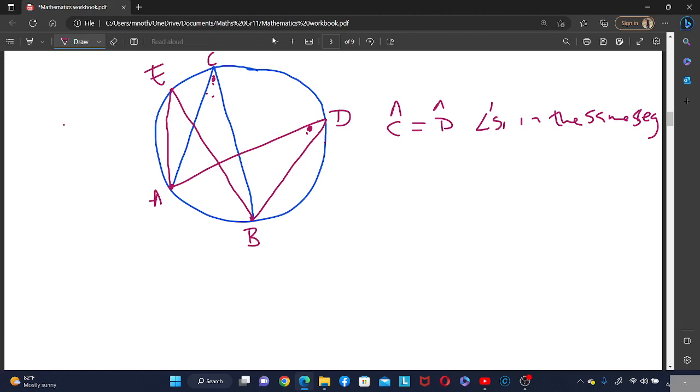So we can say that angle E is equal to angle C is equal to angle D, because all three of them are created by the same points. So if ever you have something like this, and the angles are coming from the same points, it means that those angles in the circumference are equal.